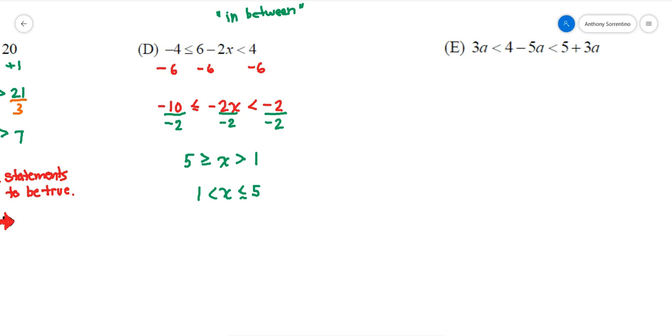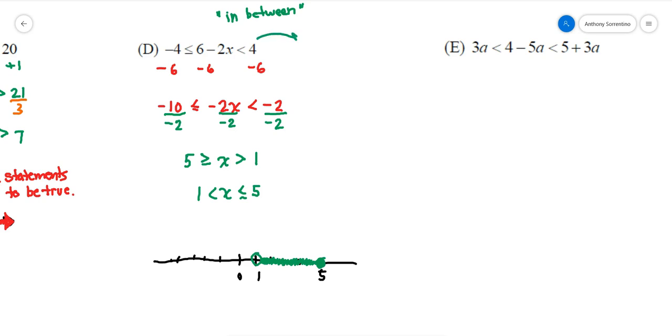And so my solution to this is to have an open-ended dot here, a close-ended dot here, and I go in between them.